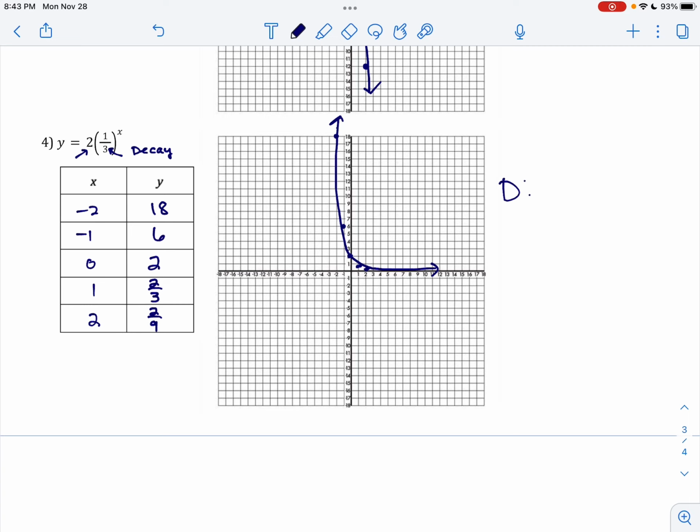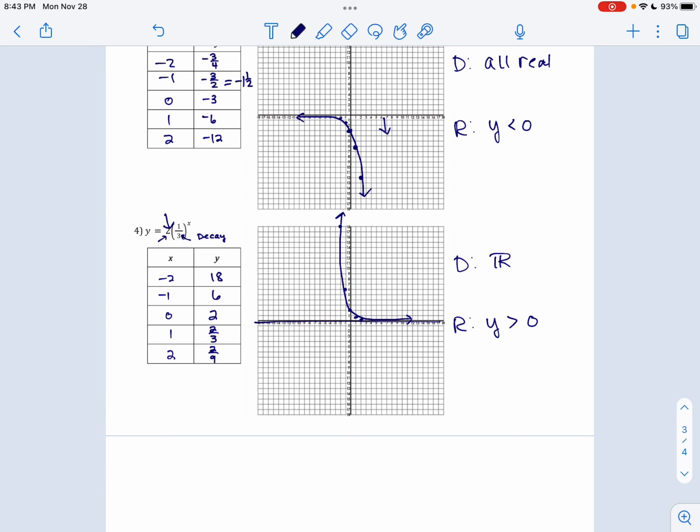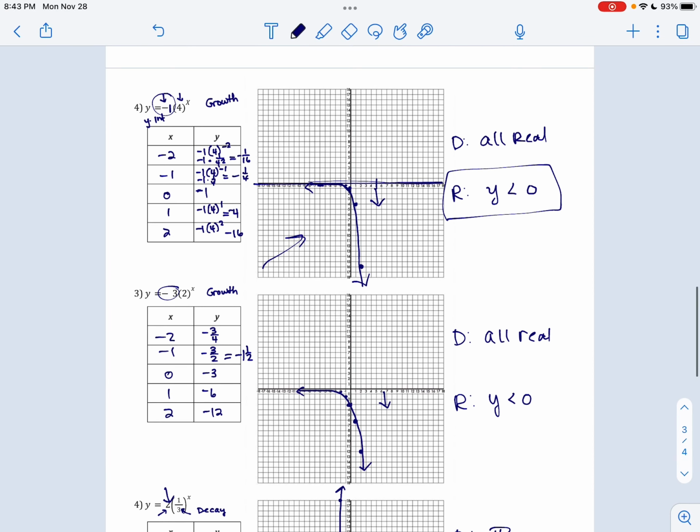Domain is all real numbers, and range, since it is a positive y-intercept, the 2 is positive, that means the graph is above the x-axis, which is going to be y is greater than 0. There you have it, how to graph these. They should not be hard.